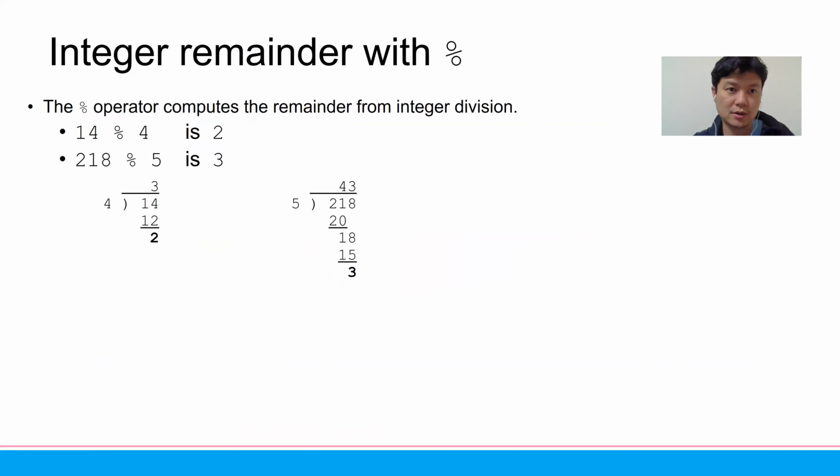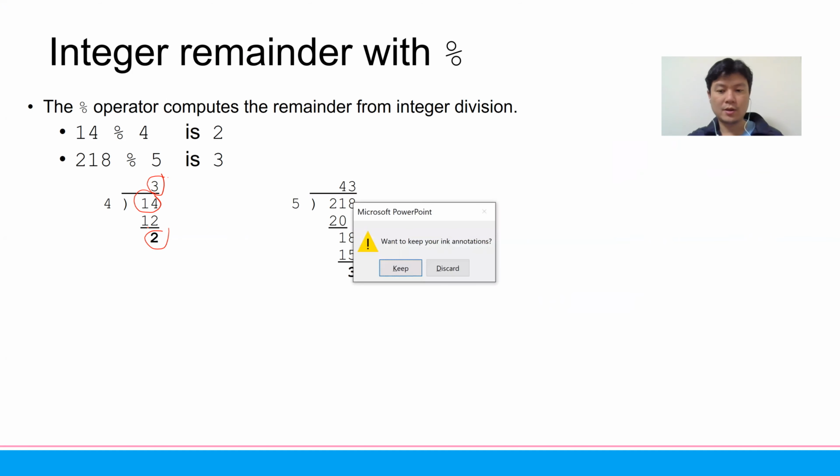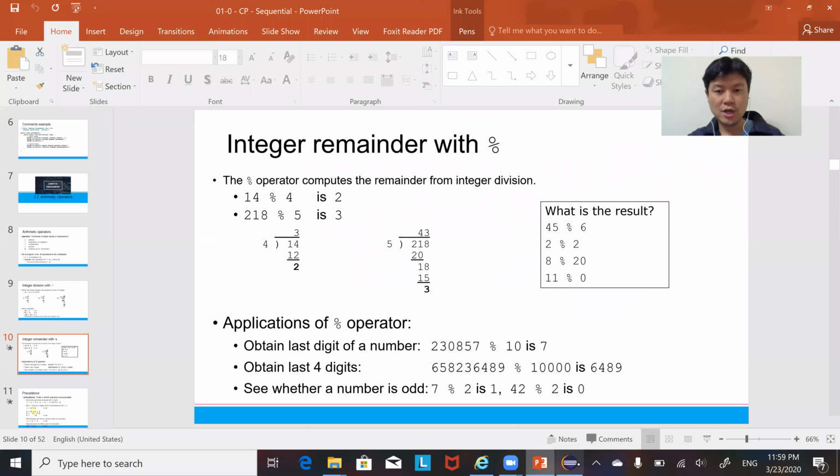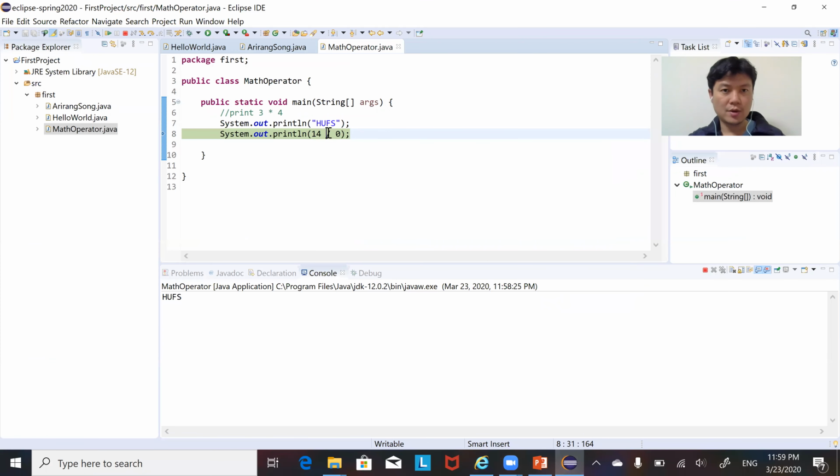If it is the modulo, it means this is the remainder. As you might know, 14 divided by 4 is 3, and we have the remaining value 2. So 14 modulo 4 equals 2. If you want to check, we are dealing with modulo 2.